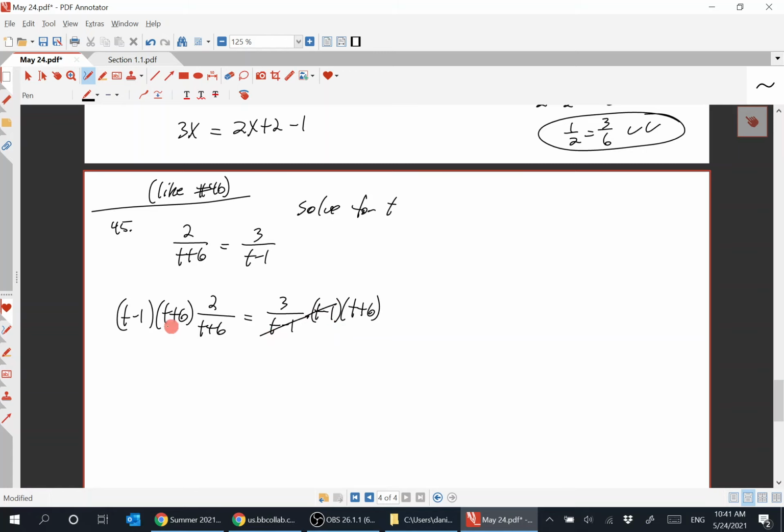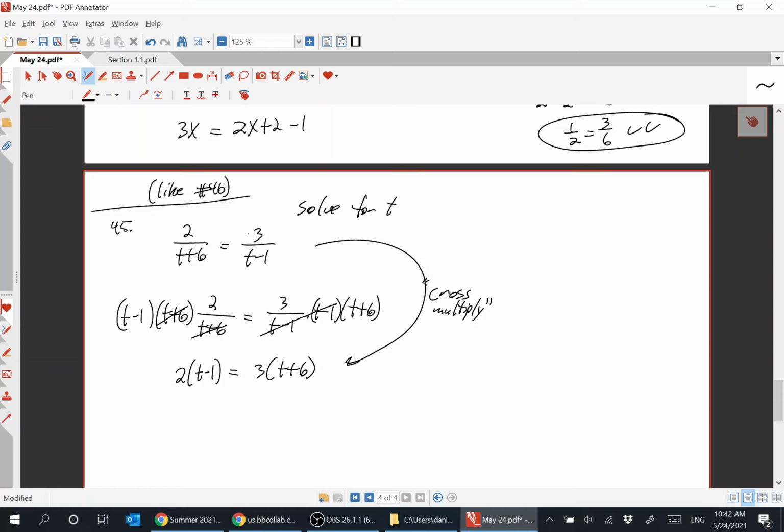So on each side, those numerator and denominator common factors cancel, and I'm left with 2 times t minus 1 equal to 3 times t plus 6. You may remember that as cross multiply. But that only works in the situation where you have a fraction equal to a fraction.